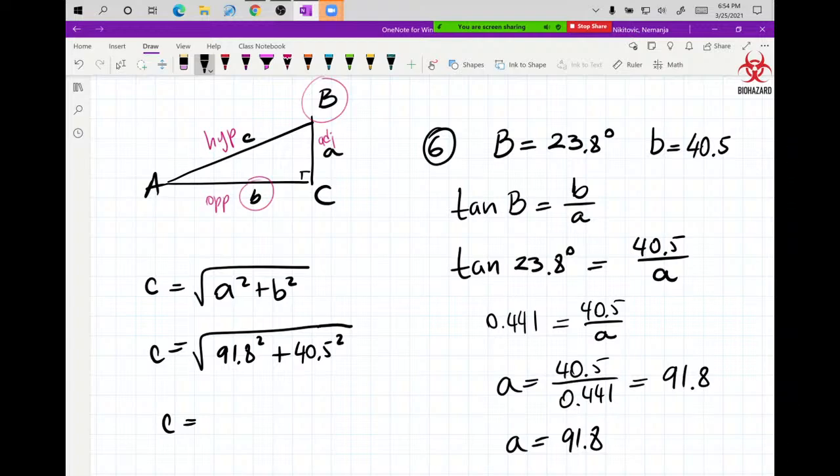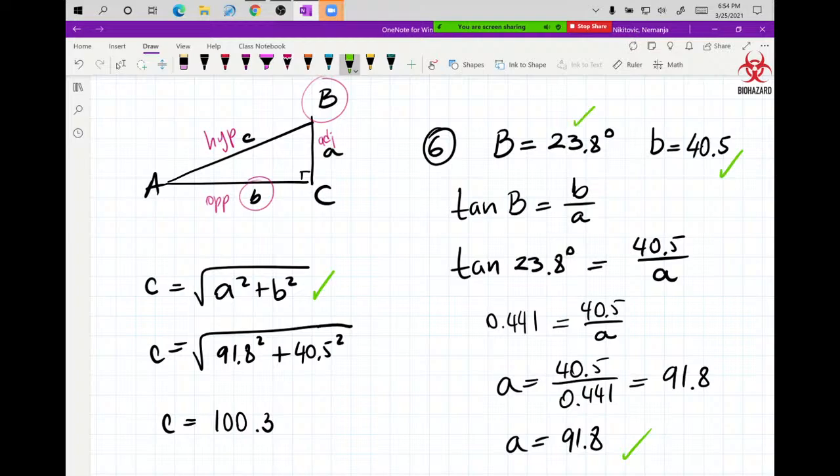We square root that answer, and we get 100.3. So I have A, I have B, I have C.